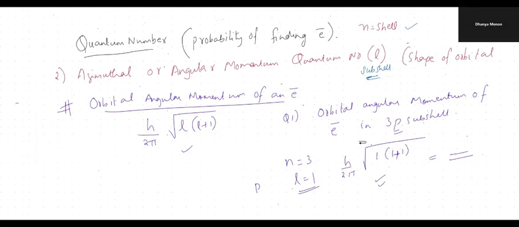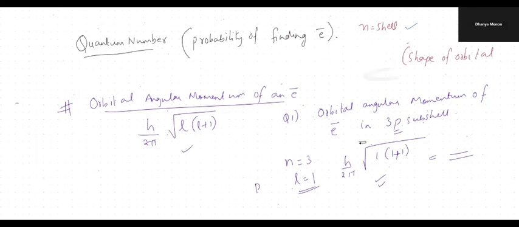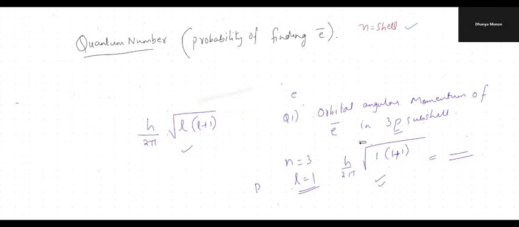Okay. Now students, moving on further. The third quantum number. I hope till here it is clear. So we have the shell, which is represented by the principal quantum number. Then we have the subshell represented by the second quantum number, which is the azimuthal or the angular momentum quantum number.